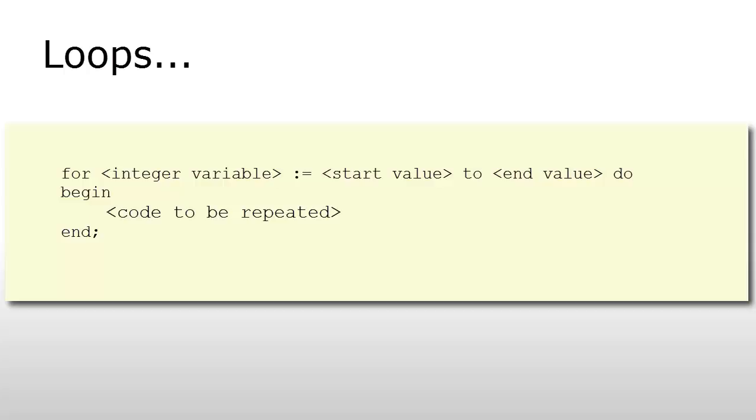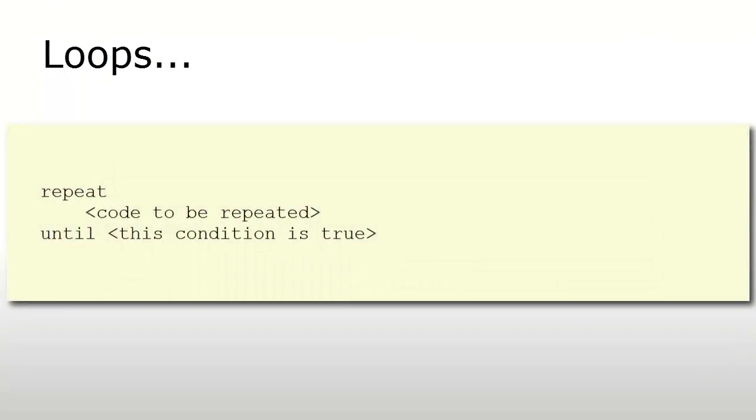Do, and then optionally begin and end if you want to enclose a number of lines to be executed in the loop. A repeat loop. Repeat, and then one or more lines to be repeated until, and then a condition that has to evaluate to true. And when it evaluates to true, the repeat loop exits. As long as the condition is false, the repeat loop continues.